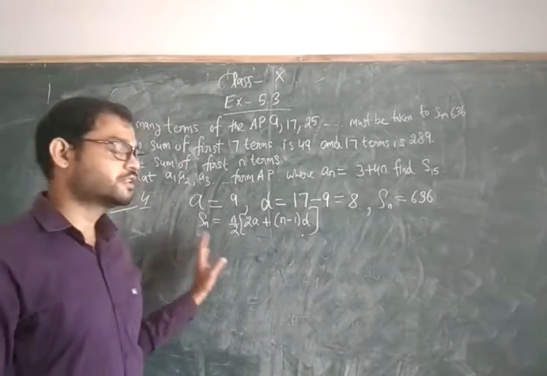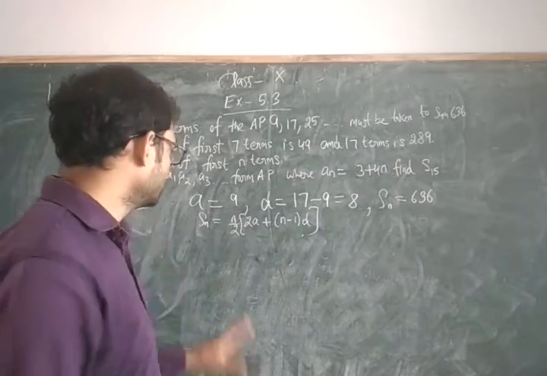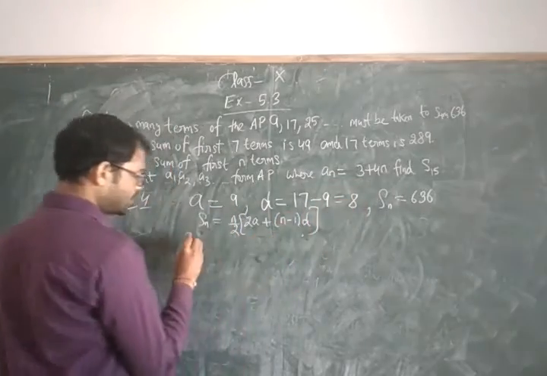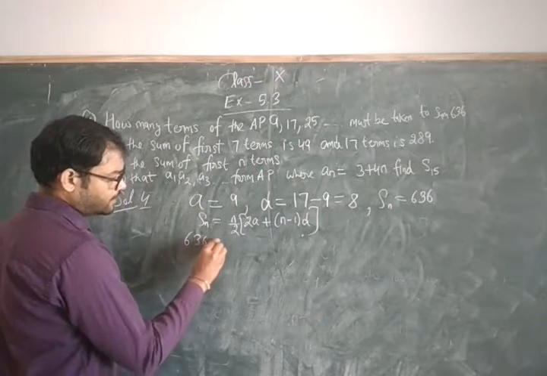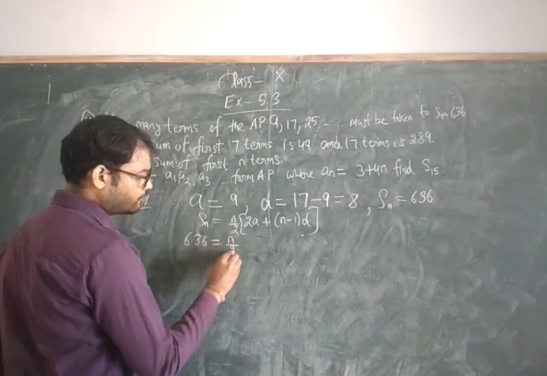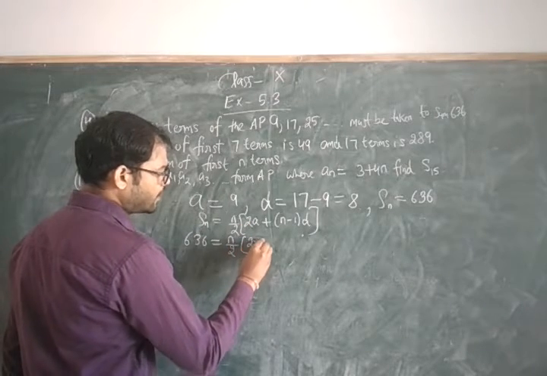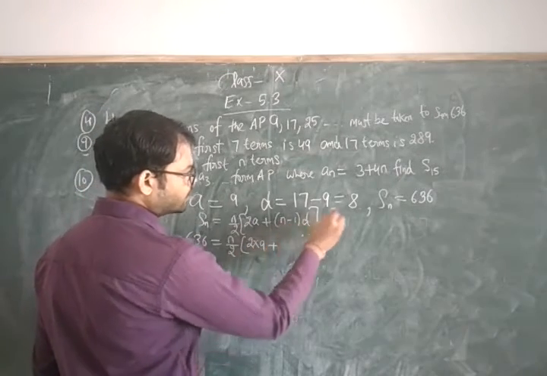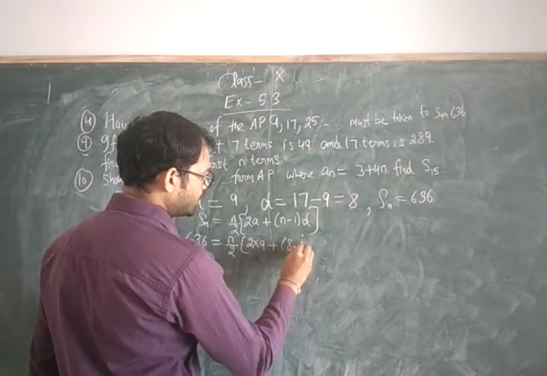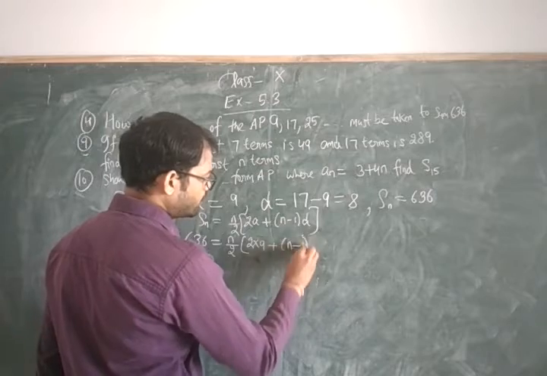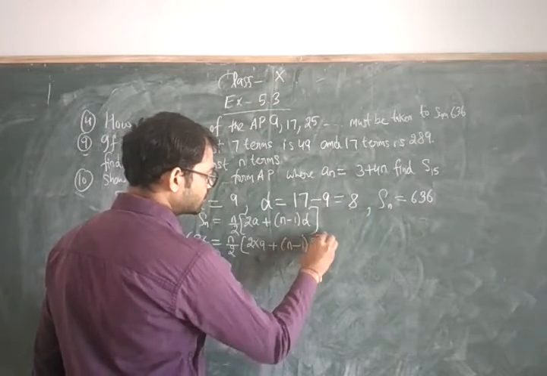Now you can put in the values which you know. The sum is 636, which is equal to n, which we are going to find, into 2a; the value of a is 9, so 2 into 9, plus (n minus 1) into d. d is 8.